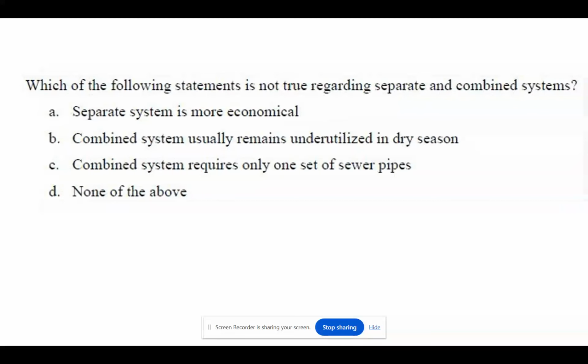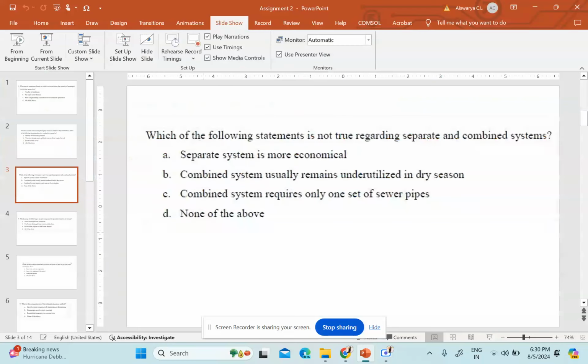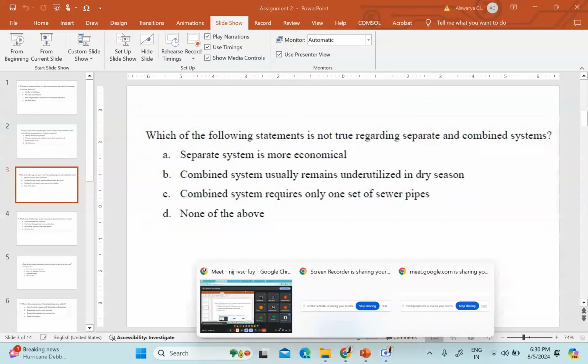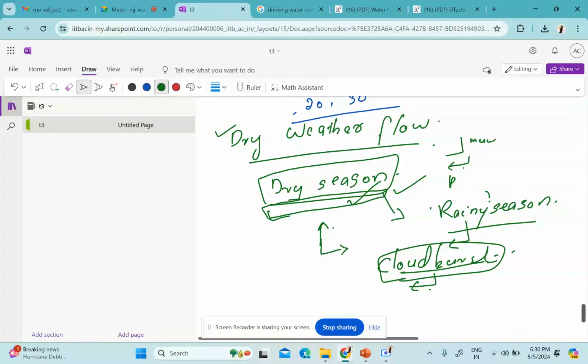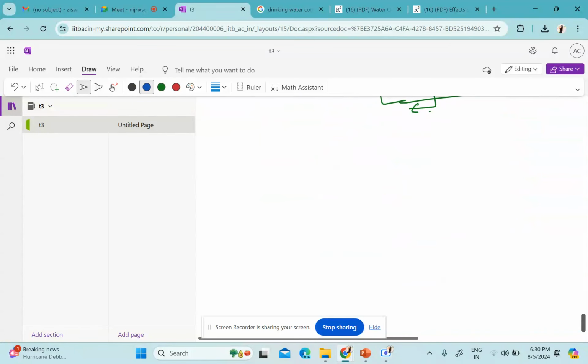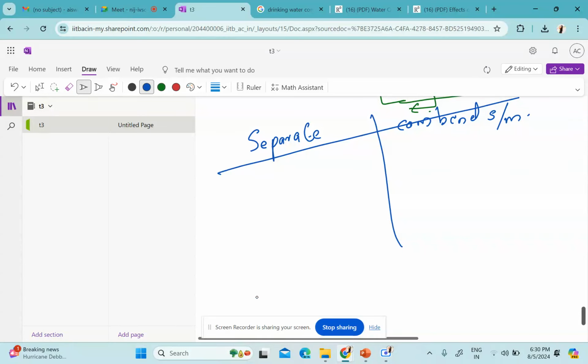So first of all, what is a separate and combined system? We should know the difference between separate and combined systems. Can anyone tell what the separate and combined system is?